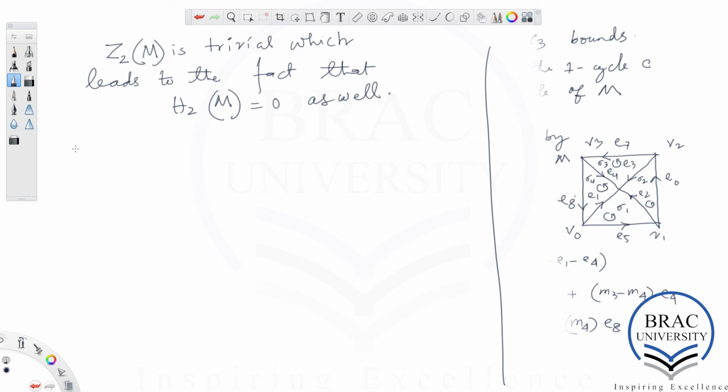Okay, so at this stage I give you some exercises from the book by Moncrief, suggested exercises, Elements of Algebraic Topology, by Moncrief.